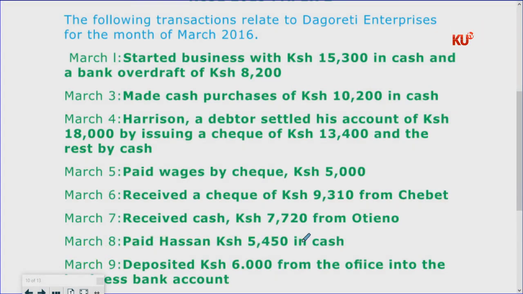March 1 started the business with 15,300 in cash and a bank overdraft of 8,200. March 3 made cash purchases of 10,200 in cash. March 4, Harrison Adeta settled his account of 18,000 by issuing a check of 13,400.